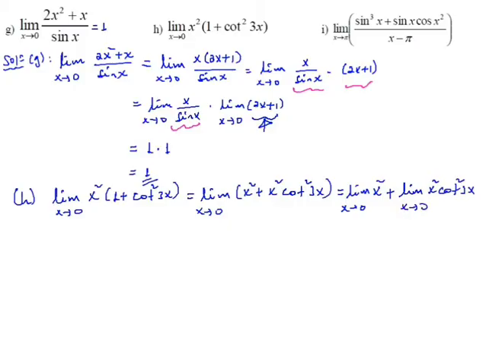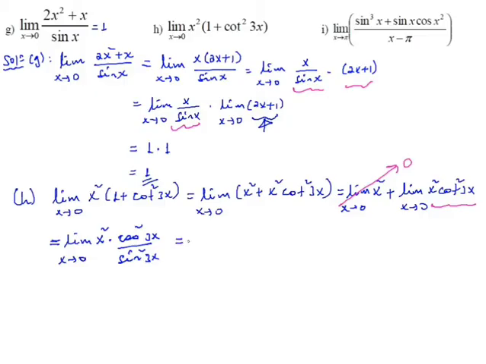Obviously the limit of x square as x approaches 0 is 0. So we calculate the limit of x square cot square 3x. This is equivalent to the limit of x square times cot, which is the reciprocal of tan, so cot square means cos square 3x over sine square 3x as x approaches 0.